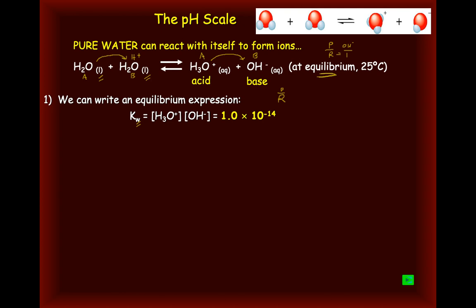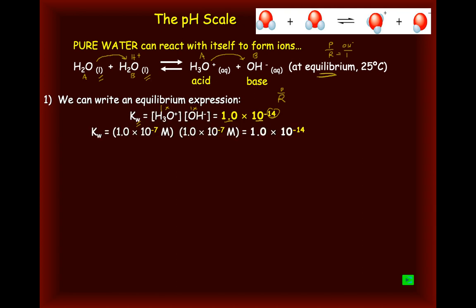Now, we know that the Kw is experimentally 1 times 10 to the minus 14th. I think we know where we're getting 14 from now, and we know that this is x and this is x, because one of these is produced for every one of these.